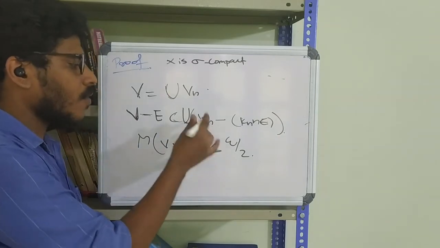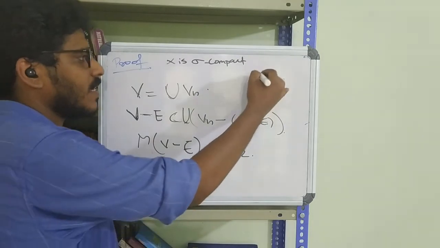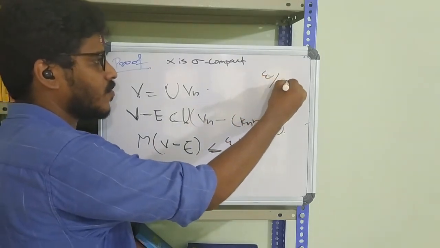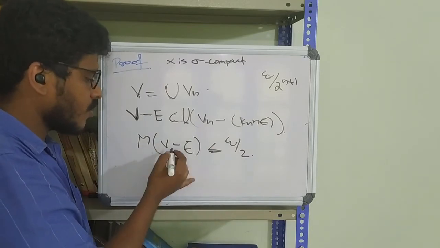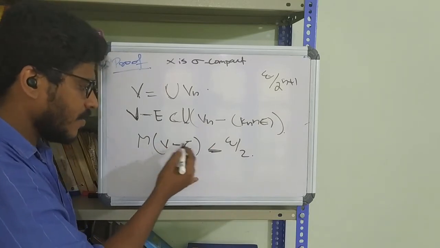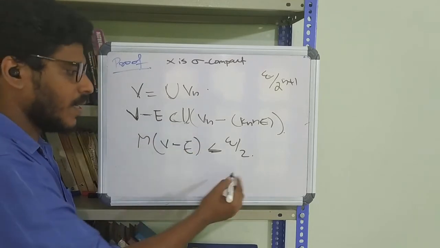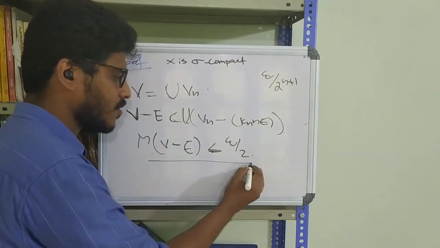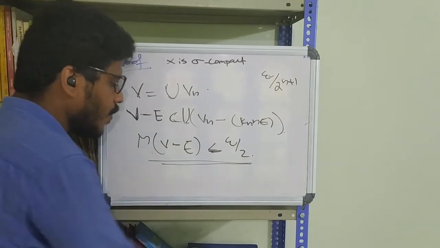So you know how the additivity works here. And epsilon by 2 raised to n plus 1 is the largest possible bound, so the measure of V minus E, being inside the union, has to be less than epsilon by 2.